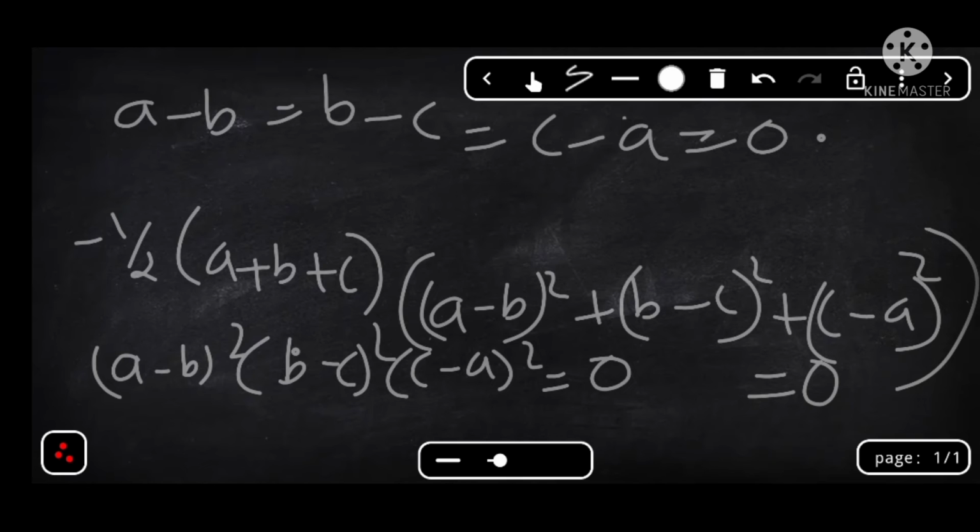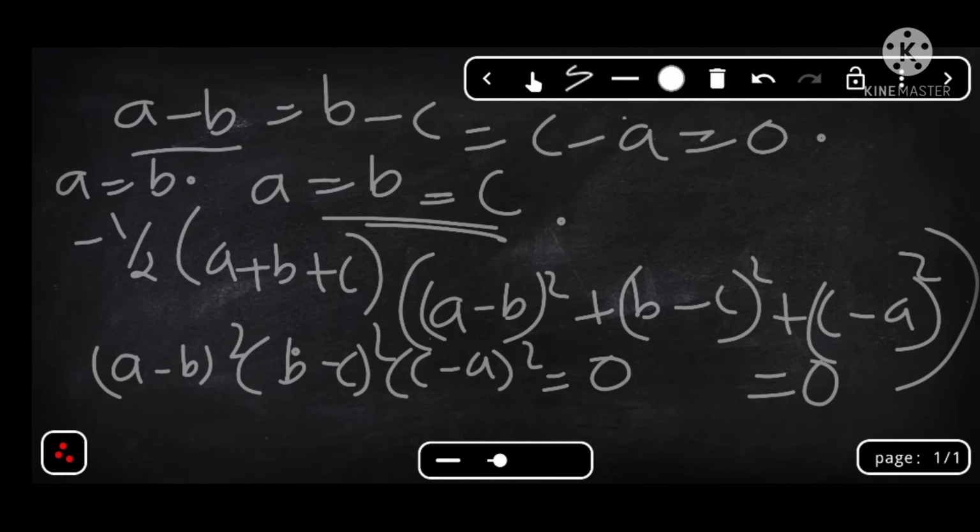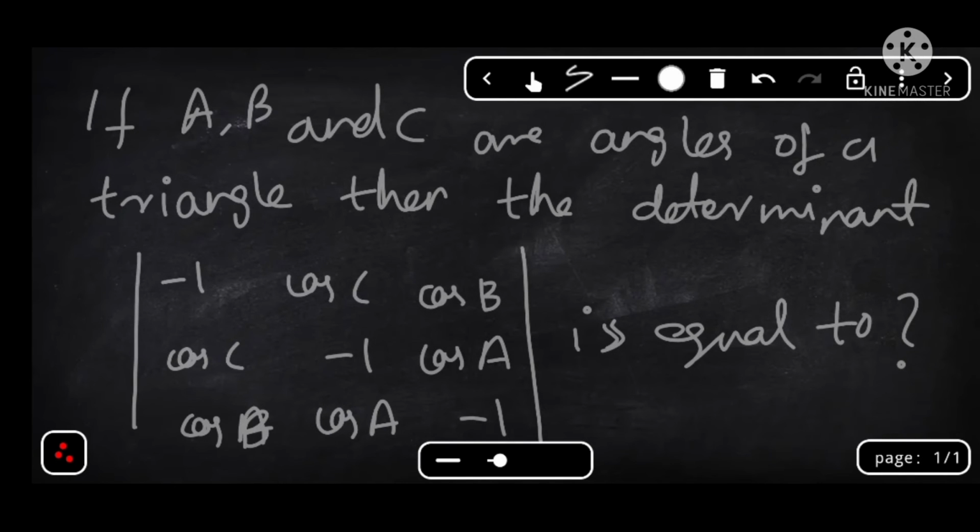So a equal to b equal to c, right? Because a minus b equal to 0 means a equal to b. B minus c equal to 0 means b equal to c. C minus a equal to 0 means c equal to a. That is a equal to b equal to c. Hence proved. Clear? Let's see our next problem.